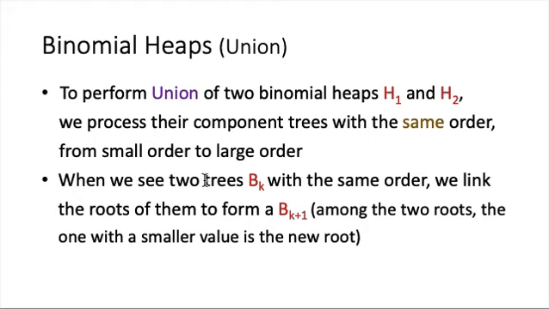When we see two trees Bk with the same order among the combined heaps, we link their roots together to form a Bk+1. How do we link them? That's easy. We link the one that has the smaller value to become the new root, and the larger value will become the leftmost child.